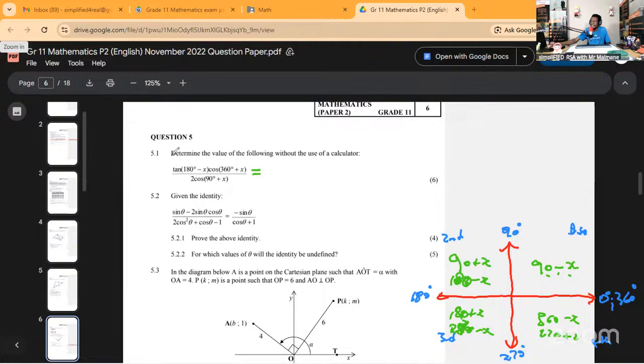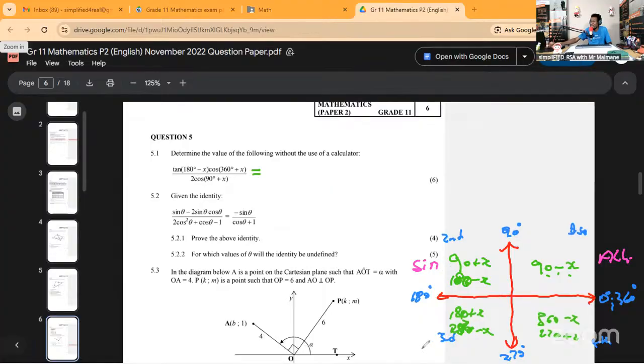For instance, tan of 180 minus x. So we know that in terms of how we treat our Cartesian plane, all our identities are positive here. On the second quadrant, only sine and its reciprocal, cosec, are positive.